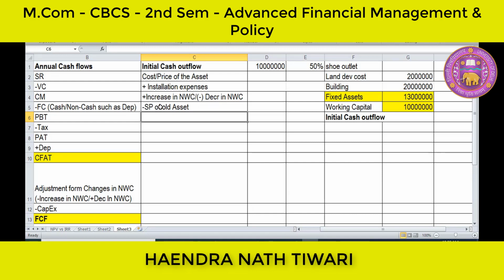So if you reduce sales price of old asset, now I am reducing. I need to pay this much outflow, this much outflow, this much outflow. But this much is coming to me. So I just need the incremental amount.